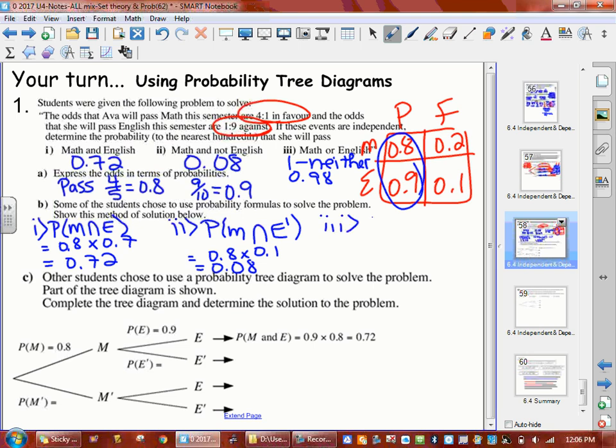Third, probability of math or English, that's going to be the probability of math plus probability of English minus both, which is going to give us 0.98.